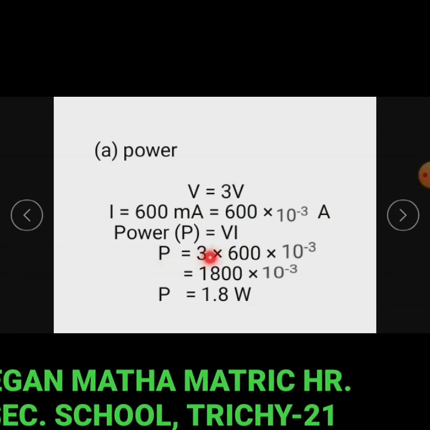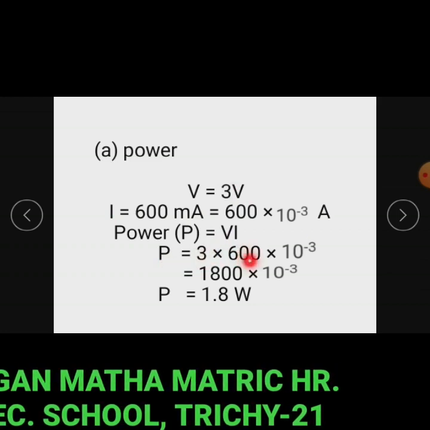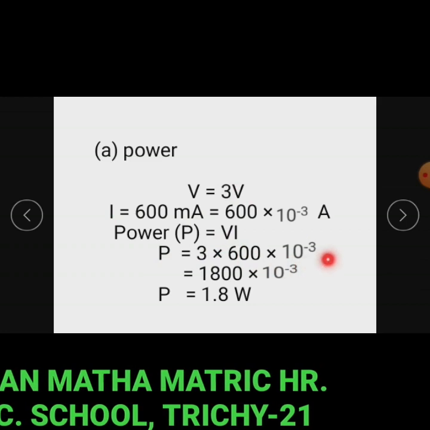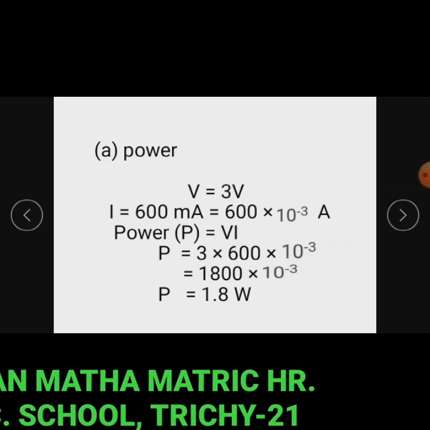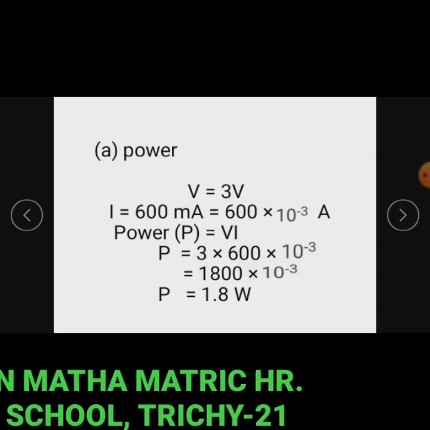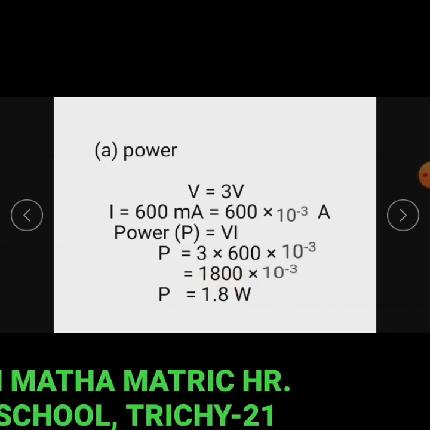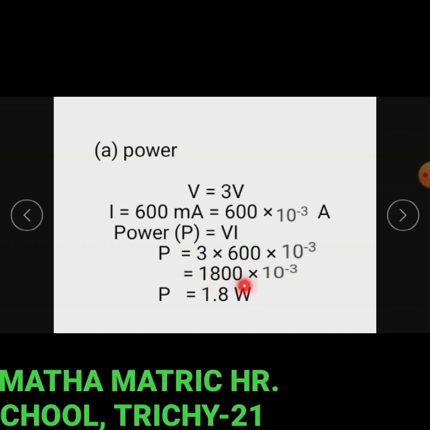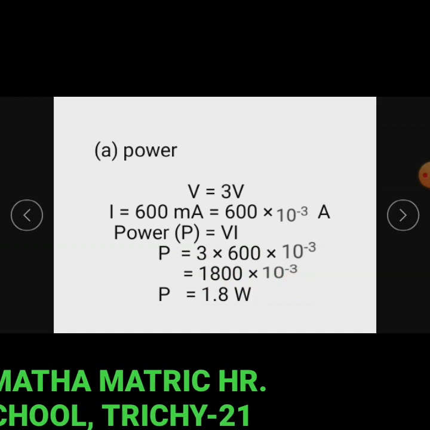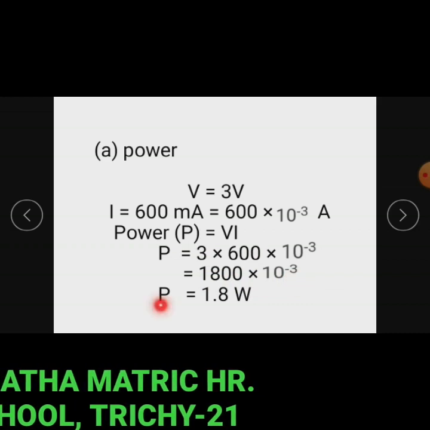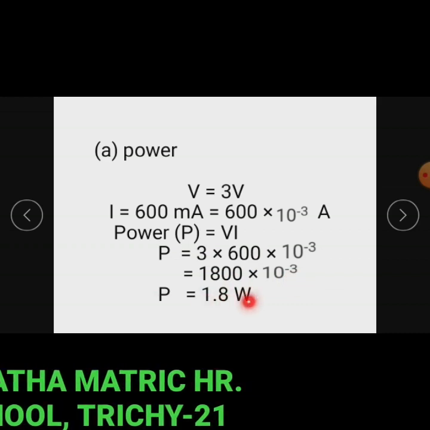P equal to 3 into 600 into 10 to the power minus 3. 3 into 600 we get 1800. So 1800 into 10 to the power minus 3. So power P equal to 1.8 watt.